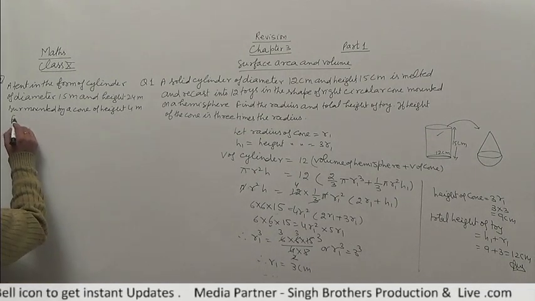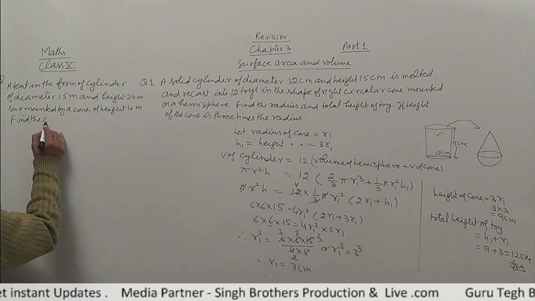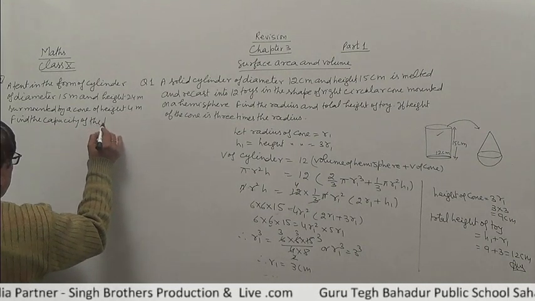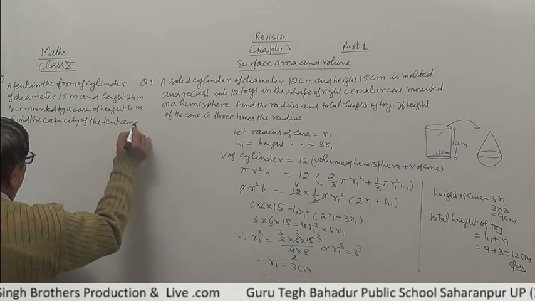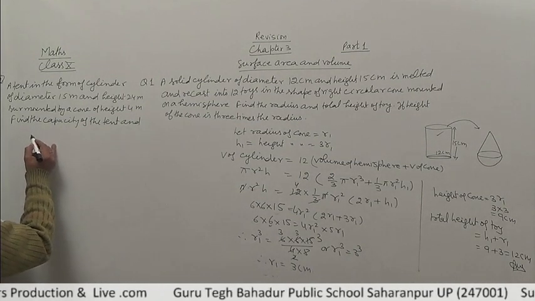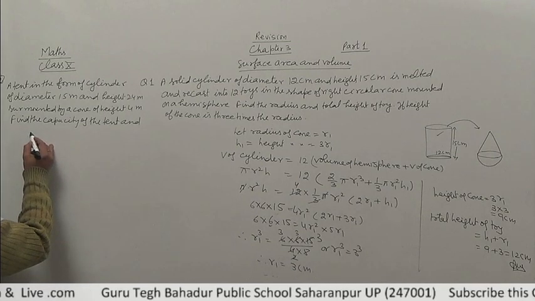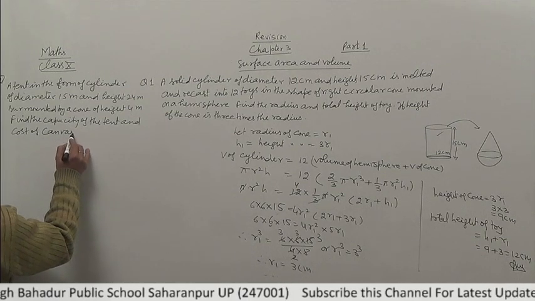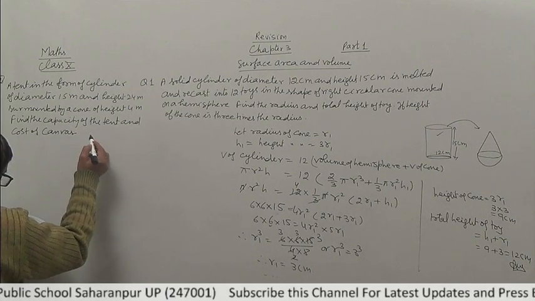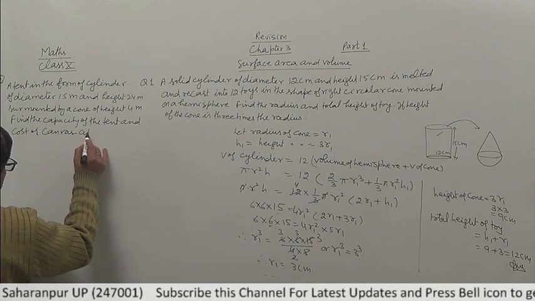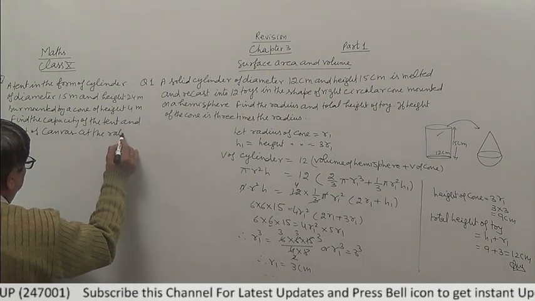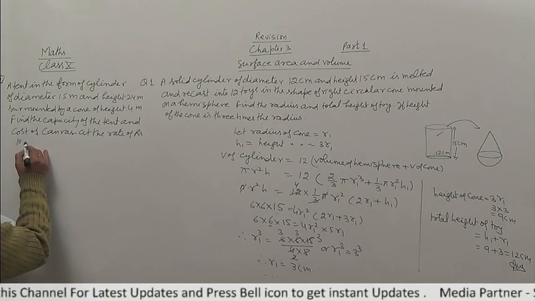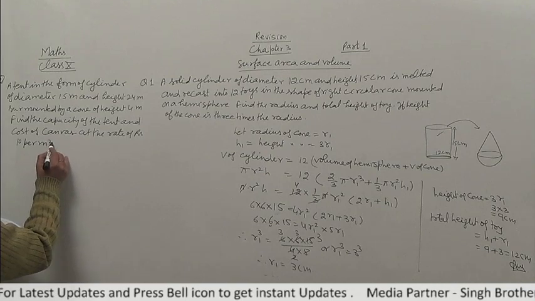Find the capacity of the tent and the cost of canvas at the rate of rupees 10 per meter square.